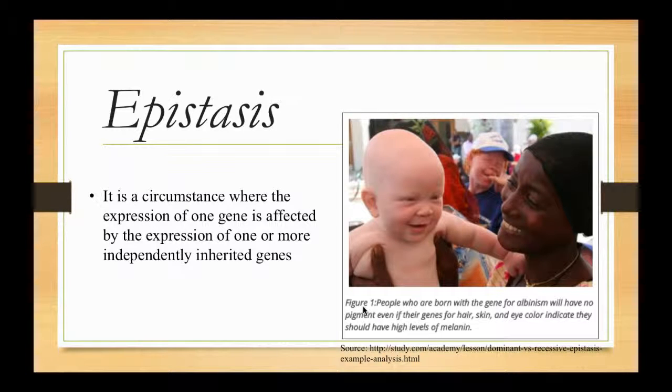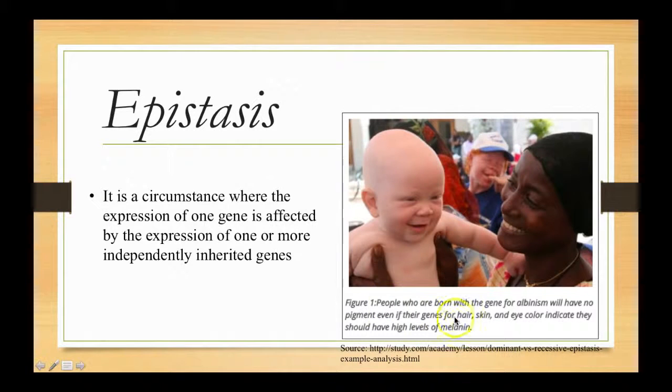It only influences the phenotype. So if the epistatic gene is not present, then the gene that is being controlled would be expressed normally. The epistatic gene is the bully gene. If the bully is not present, the gene that is being bullied is normally expressed.